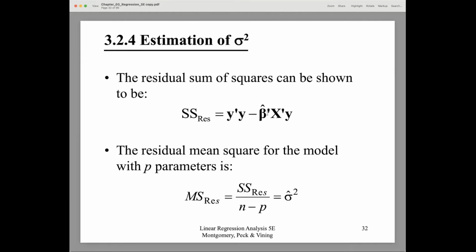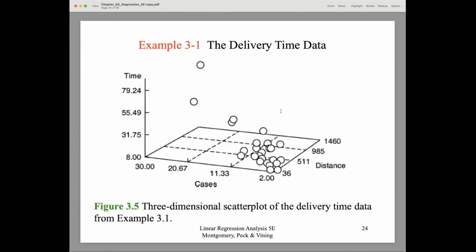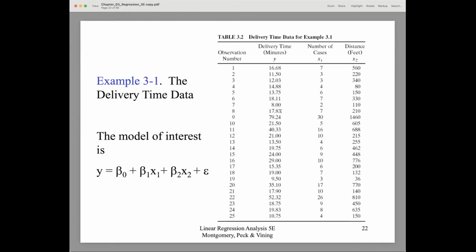So beta hat prime times x prime is a vector that contains the predicted values, and then we are looking at the inner product of that with the vector of observed values. Now that's an algebraic simplification of another formula. Let me see if I can point you in the direction of this other formula, and we'll see this in the program.